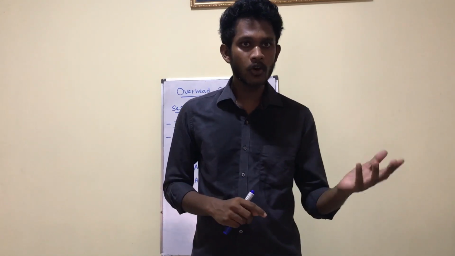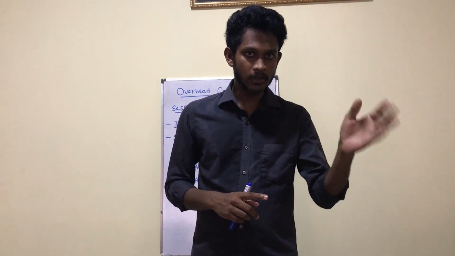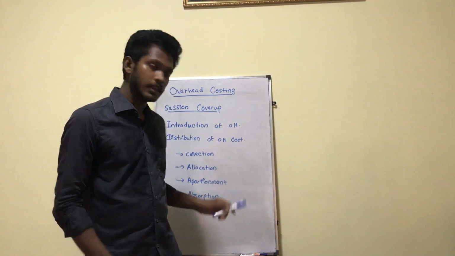So obviously you won't be able to allocate your production overhead cost over the cost centers using the number of units that you produce. So that's not based on the electricity expense, or the rent expense is not paid over the number of units that you produce, right?